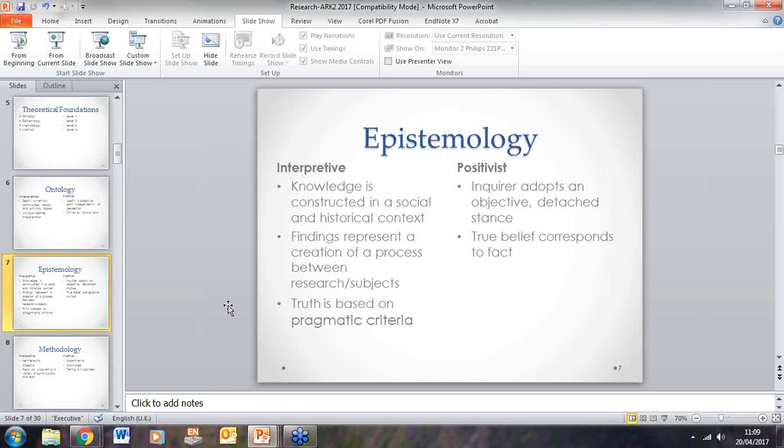And so that transcription of the conversation or the interview isn't enough. There needs to be either field notes or reflective diaries or some sort of context for that interview to stand up to scrutiny. And so when you decide on your project and you decide on your aims and objectives, think about your epistemology. How are you going to generate information? How are you going to generate data? And the constructionist or interpretive researcher believes that truth is based on pragmatic criteria.